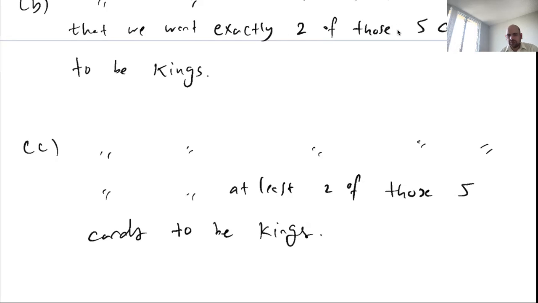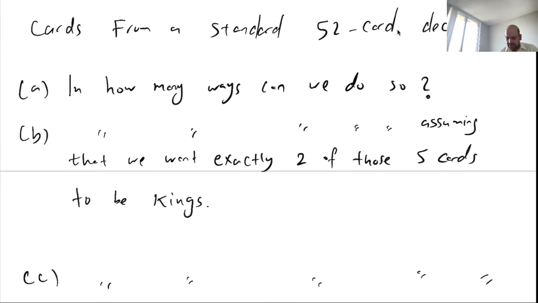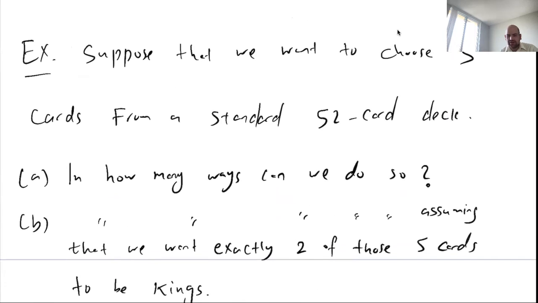Okay. So let's see how we can do this. So part A, in how many ways can we choose 5 cards out of 52 cards? We know that if you want to choose R objects out of N objects, then the total number of ways is C(N, R), or combinations. And of course, the order is not relevant here. How do we know?